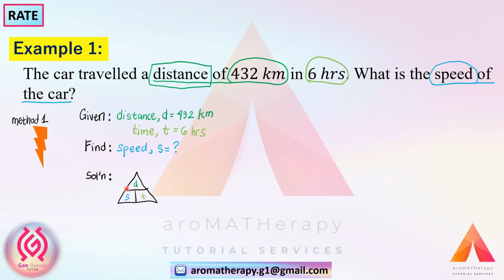Kapag si D yung hinahanap, all we need to do is to multiply S and T. If we're looking for T, the time, we just need to divide D by S. Now, we are asked to find for the speed. So, how would you solve for speed? Ayan, bilugan natin. Your speed here is your rate. Rate din siya.